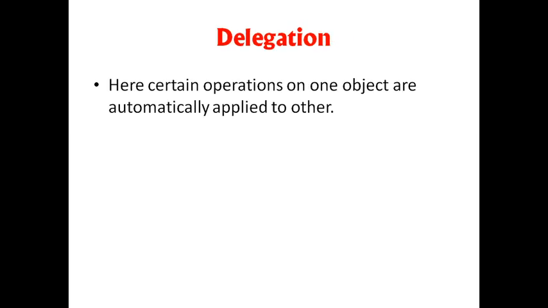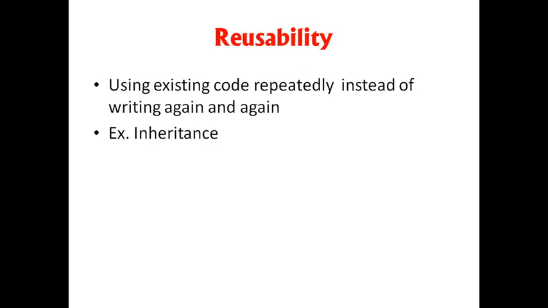Next is delegation. Delegation means certain operations of one object are automatically applied to another. That means dependency, or some of the tasks are given, or we can say outsourced, to another object. That is called delegation. Next is reusability. We have already covered this point. Reusability means use again and again.